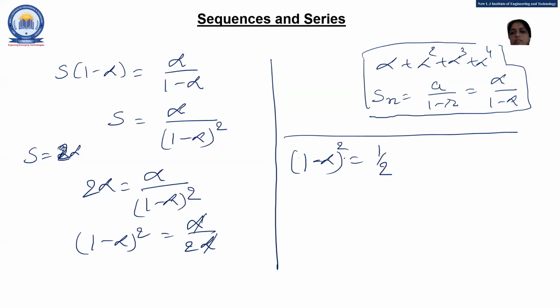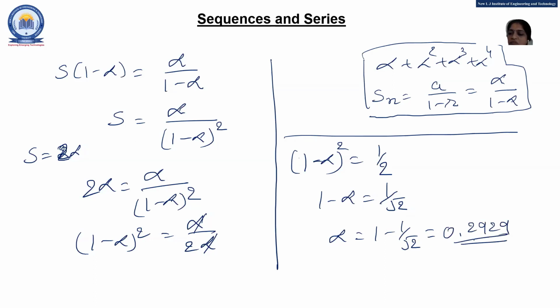Now by taking square root on both sides, 1 minus alpha is 1 upon root 2. So what is the value of alpha? Alpha is 1 minus 1 upon root 2, and that is 0.2929. This is the value of alpha, which lies between 0 and 1. Yes, very good.